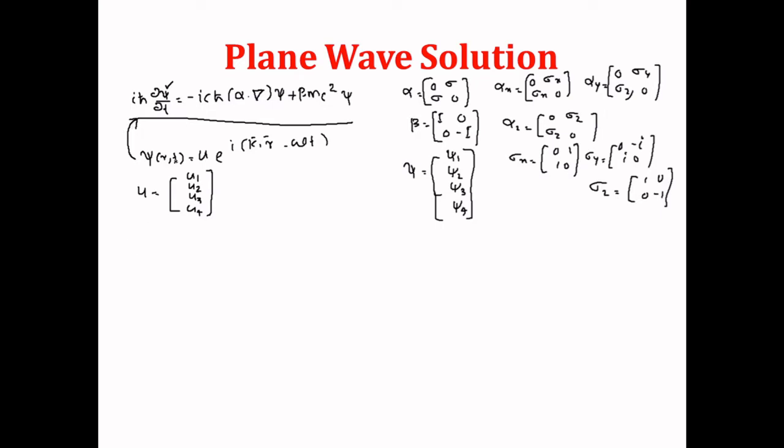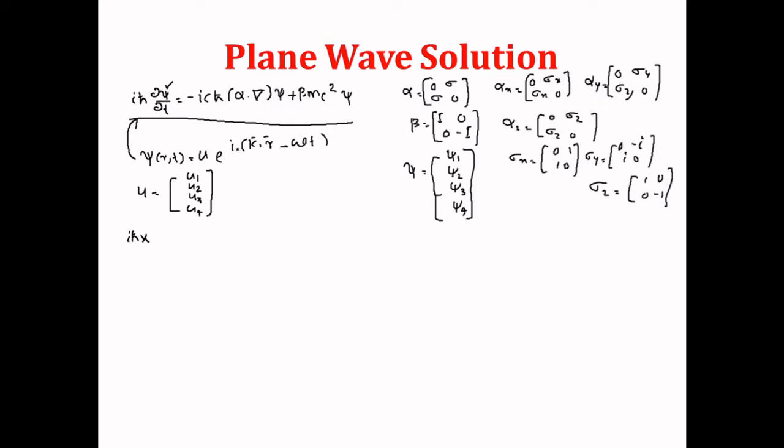Then we will get iħ ∂ψ/∂t. So what we will get is iħ into, you have to differentiate this wave function with respect to time. Here both space components and time components are there. When you take the derivative with respect to time, u is a constant matrix, so there will not be any change for it. And when you take the derivative of e raised to x, you will get e raised to x itself.